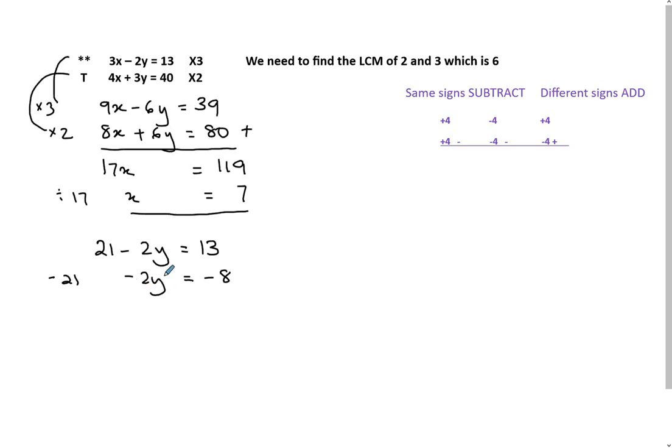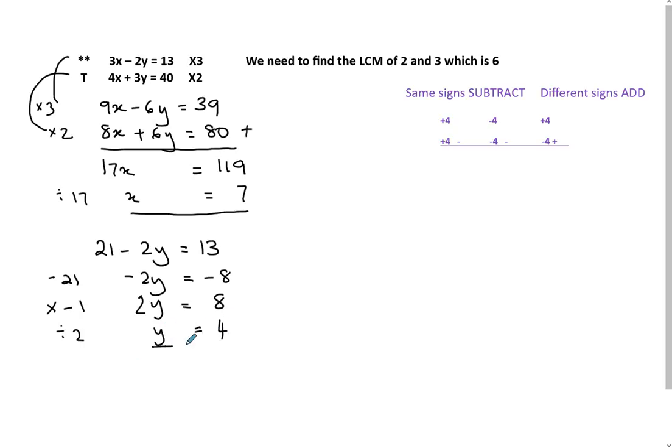Now, if you've got a negative letter, the best thing to do is multiply the whole equation by -1, and whatever's negative will become positive, and whatever's positive will become negative. So basically, they'll just change signs. So that will become 2y equals 8, and then divide by 2, and y equals 4.